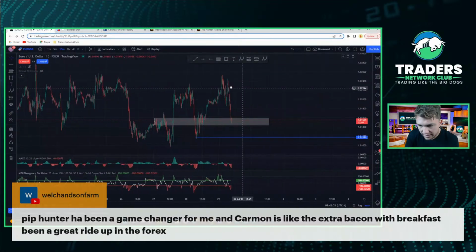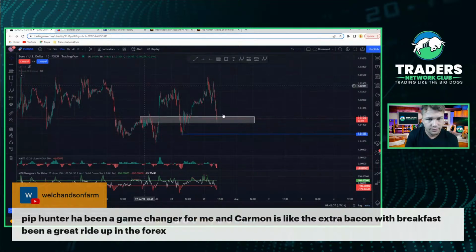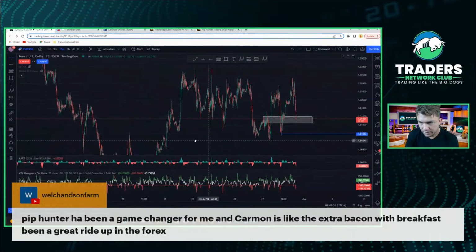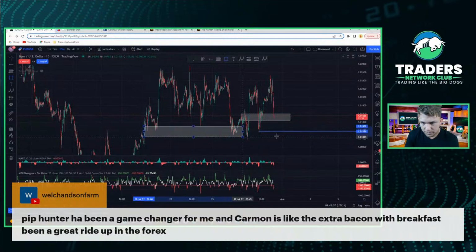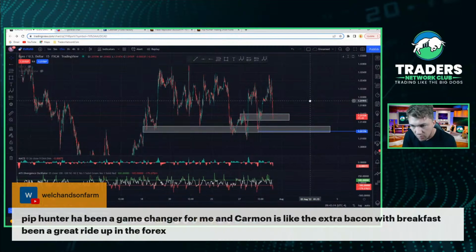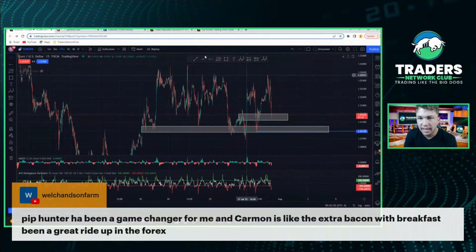So let's go ahead and see. I'm going to zoom out here. Here's our demand. Price is working into this demand zone, but we are getting some sideways movement, so price could come back into that supply.